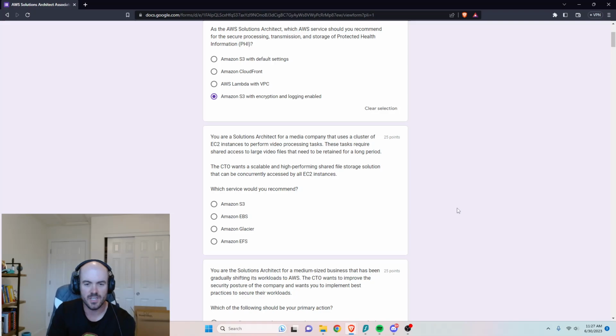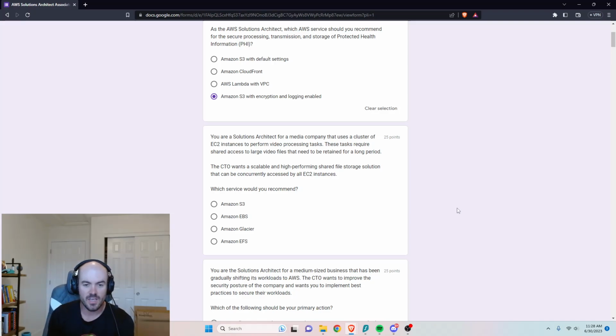It's designed to be attached to EC2 instances, but again, it's not necessarily used for file storage. Glacier is going to be an archive storage solution, that's kind of part of S3. But it's not designed to be accessed frequently, and this says that it needs to be accessed by EC2 instances, so I'm pretty sure we can rule that out.